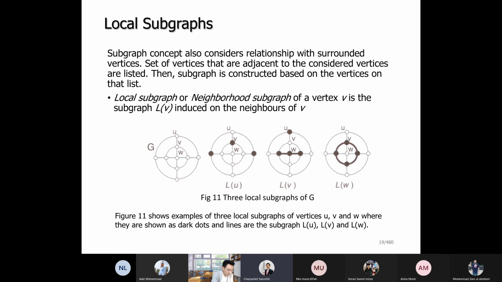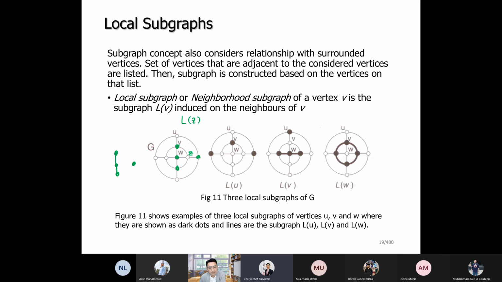For example, if I have the set here, what is the L set? I have to consider what the neighbors of that are: this one, this one, and this one, right? These are the neighbors, and the induced subgraph of these neighbors is this one, this one, this one, and this one.